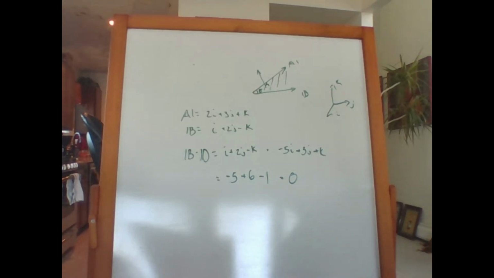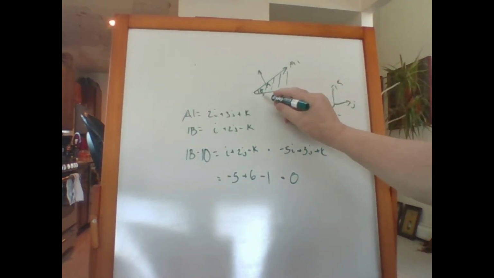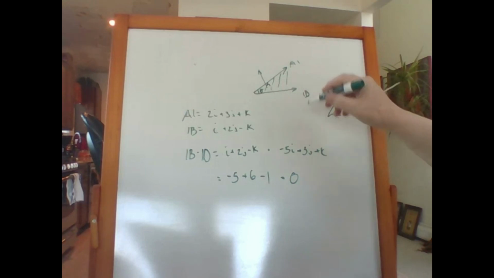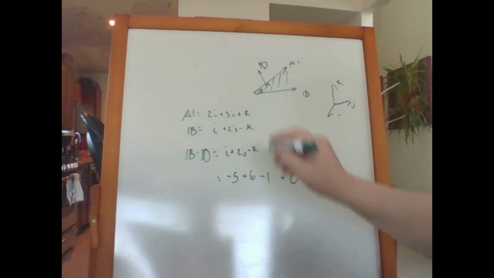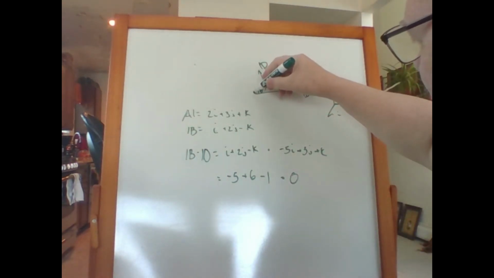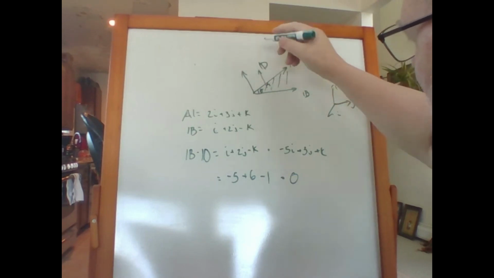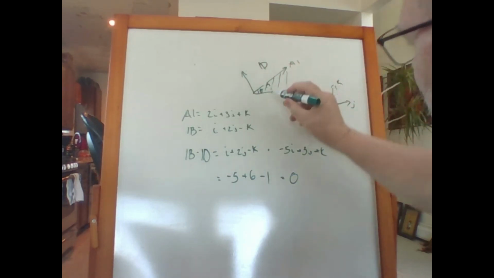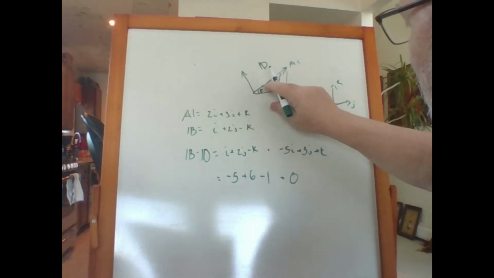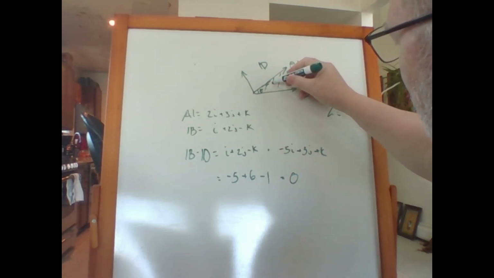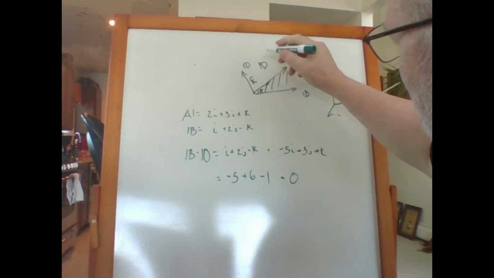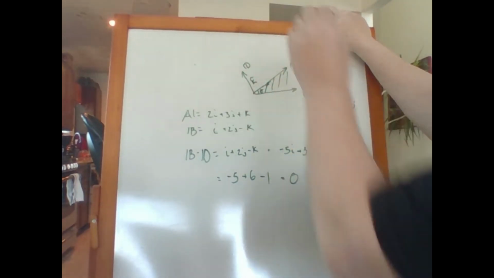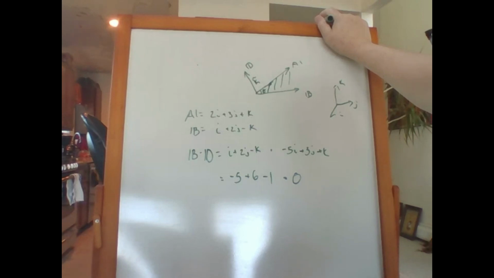So there you go. It's normal to the plane created by vectors A and B. So this is D, and it's normal to our vectors. Actually, it would be at this point, so our D wouldn't be there. And it would be in the k direction. And this is D. That's how it would look.